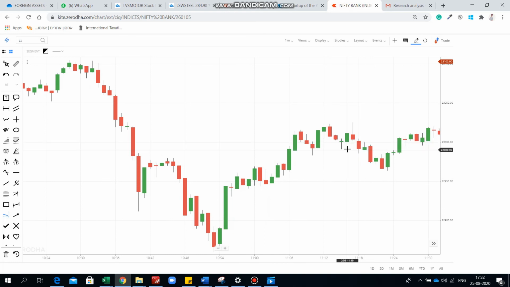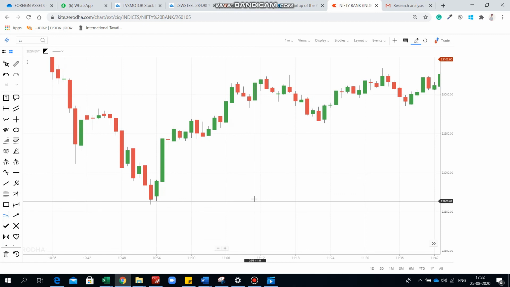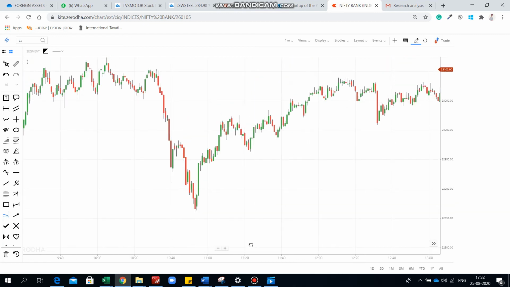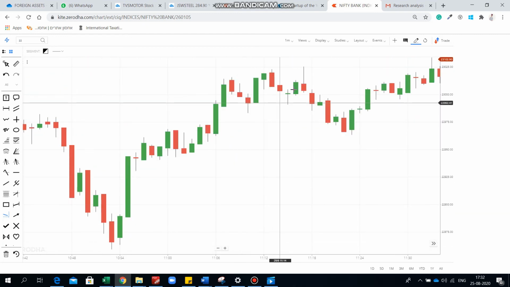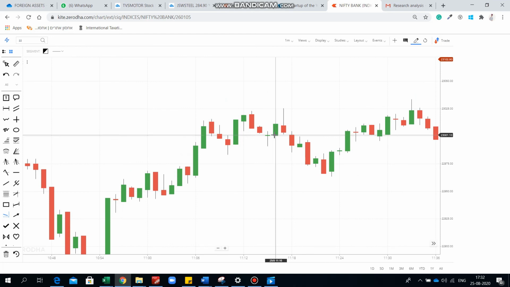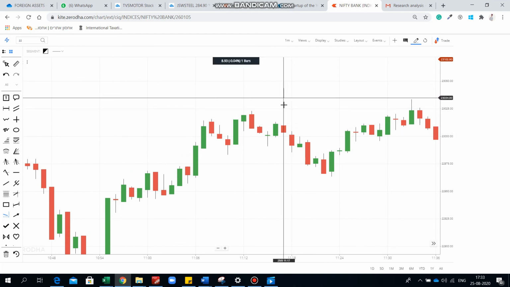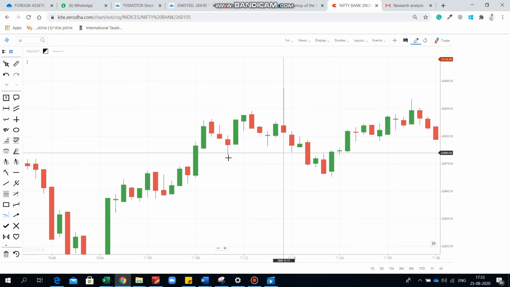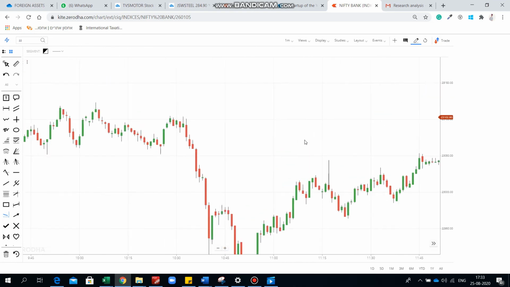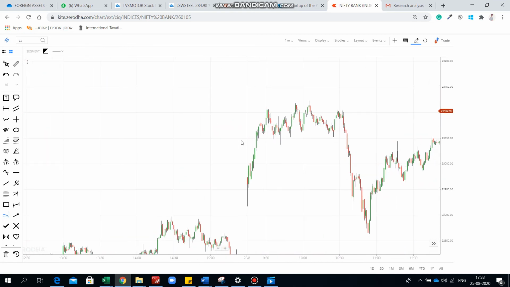You can't expect the price to come down all the time. And this is a small reversal. When the wick is small, that means there will be a small reversal. When the wick is long, just suppose it is till here, then you can expect a good movement, a good reversal. That's how I showed you that.